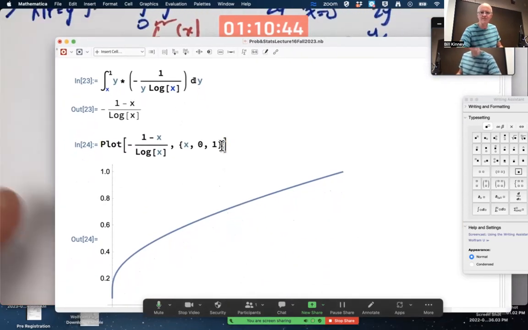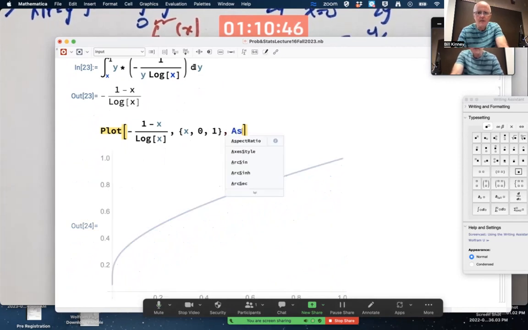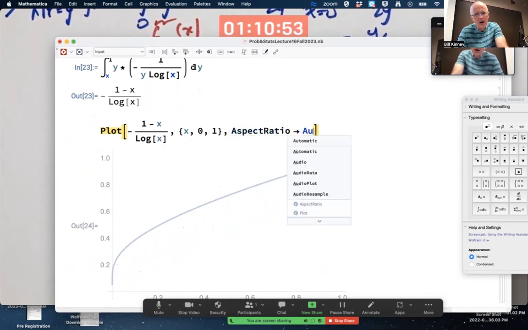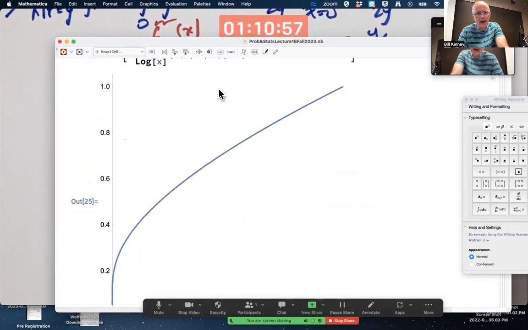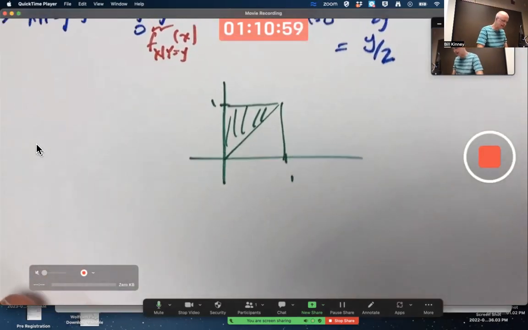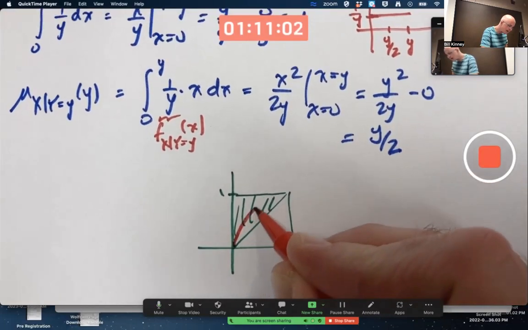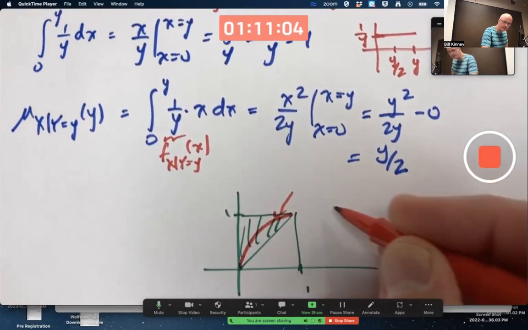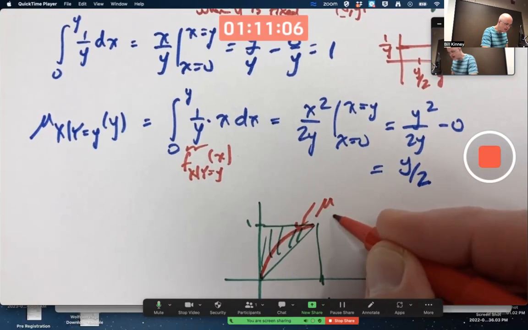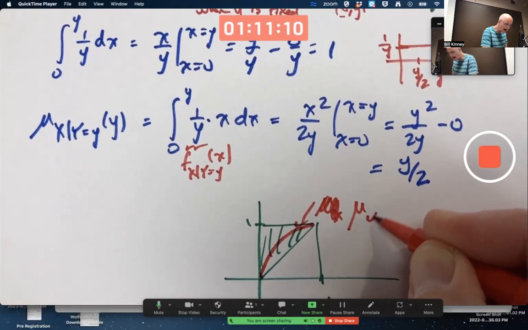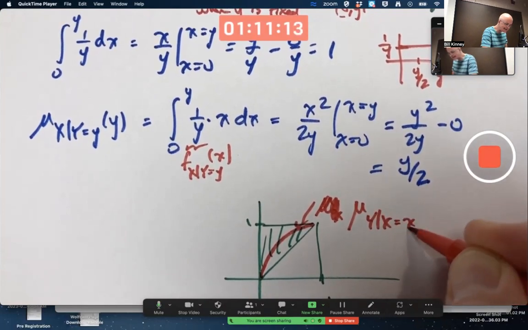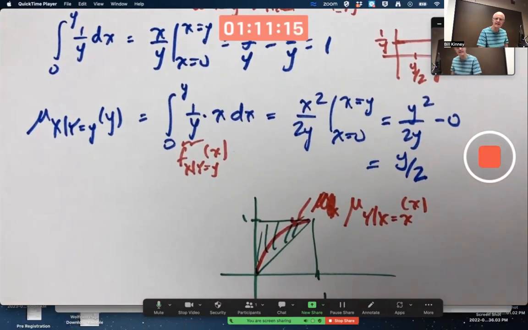Yeah, I mean, if we made the axes the same ratio, yeah, it is above the line y equals x. So this curve is in here. That's the graph of the mean value of x. No, excuse me, the other one. The mean value of y given x equals little x as a function of x.